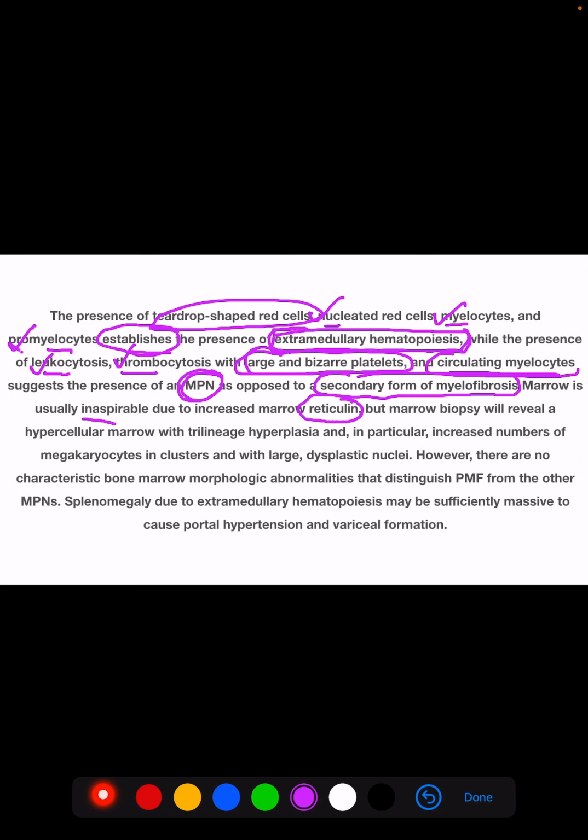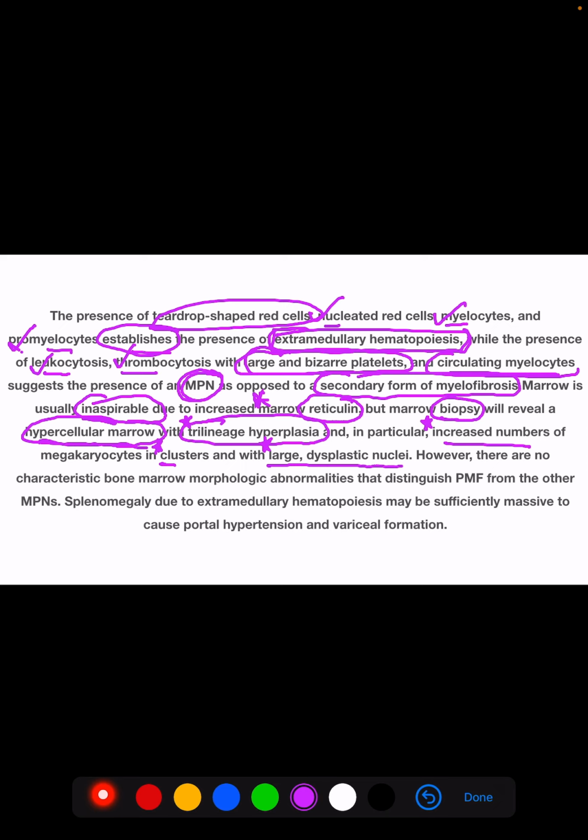But the marrow biopsy will reveal a hypercellular marrow with tri-lineage hyperplasia, and in particular increased numbers of megakaryocytes in clusters with large dysplastic nuclei.